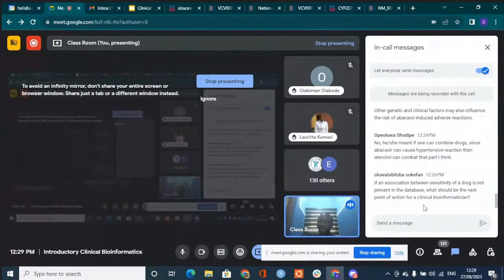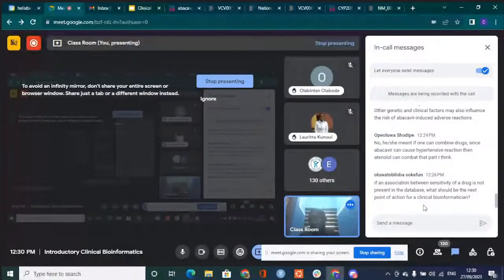This is like from bench side to clinic, from clinic back to bench side. So that's how it's going to be. That's why there should be an association between the researcher and the clinician. If a clinician has an ID reported and something like that has not been in the database, the researcher can then make some findings about this ID.